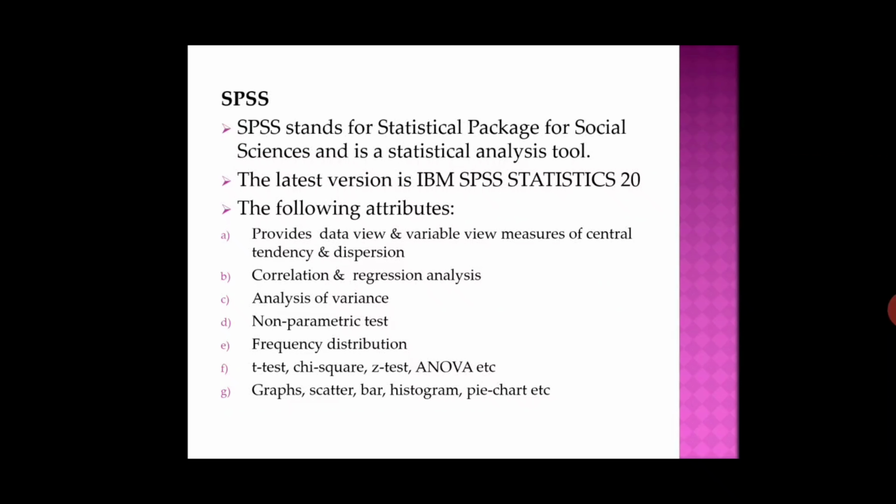Also analysis of variance, non-parametric tests, frequency distribution, t-test, chi-square, z-test, ANOVA, etc. They are used for testing hypotheses. Graphs such as scatter, bar, histogram, pie chart, etc. can also be carried out in SPSS.